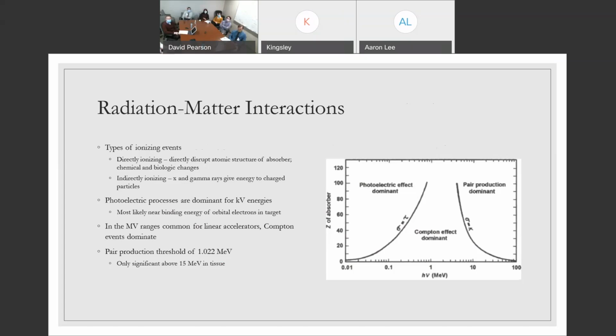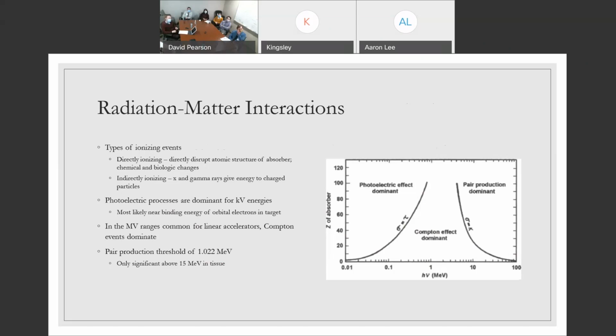The photoelectric process, again, dominant for kV energies. And again, if you recall the K edge, these sort of events are most likely near the binding energy of the target. In MV ranges, so what we deal with on a day-to-day basis, Compton events dominate.